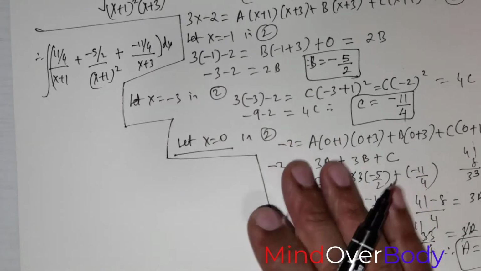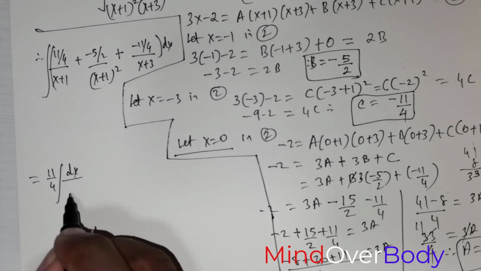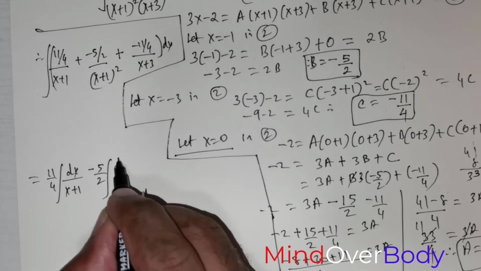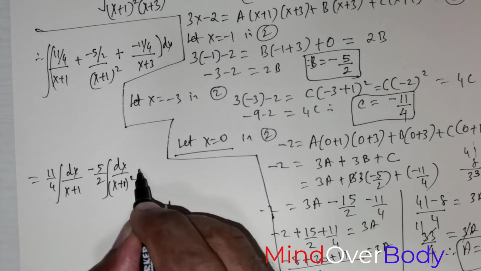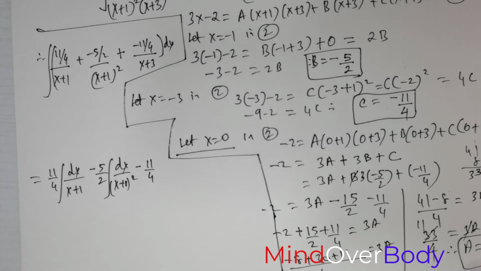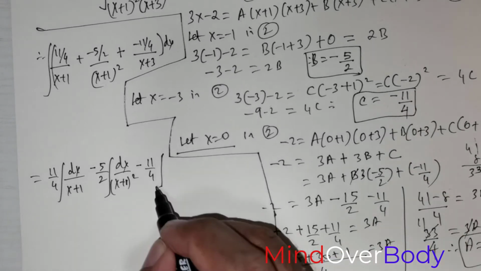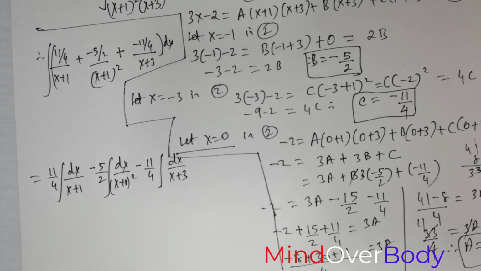If I were to split these quantities, this is going to be 11 over 4 integral dx over x plus 1, followed by negative 5 over 2 dx over x plus 1 raised to the power of 2, negative 11 over 4, so 11 over 4 appears twice, dx over x plus 3.